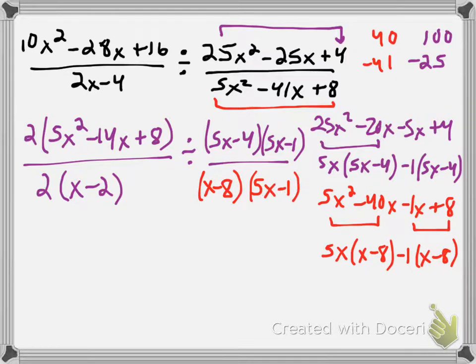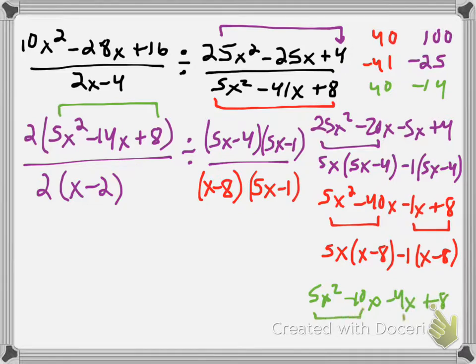Almost done. I've got one more to factor. I have to factor this numerator up here. What multiplies to give me 40 and adds to give me negative 14? Well, that's going to be negative 10 and negative 4.